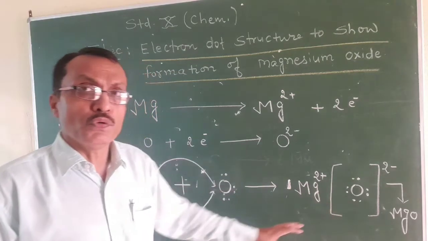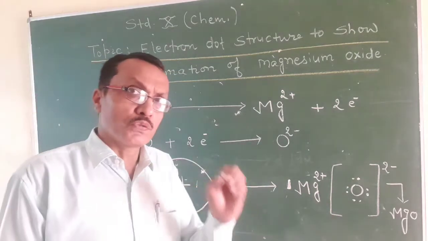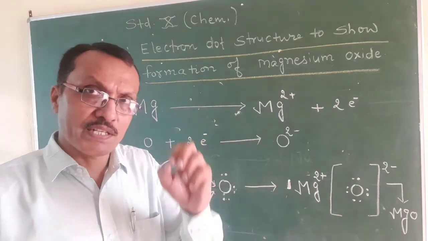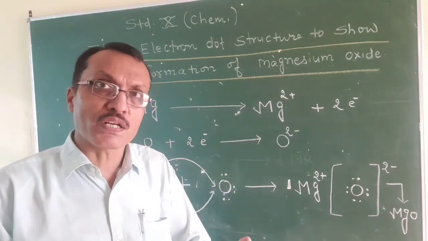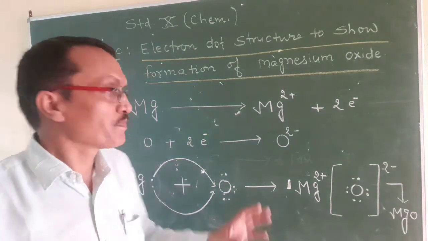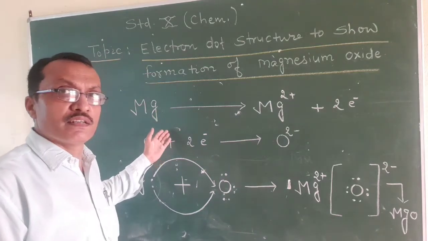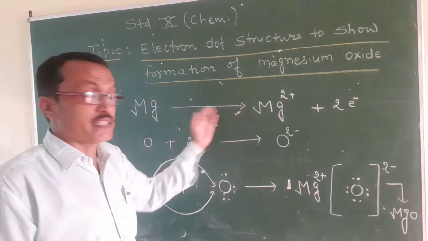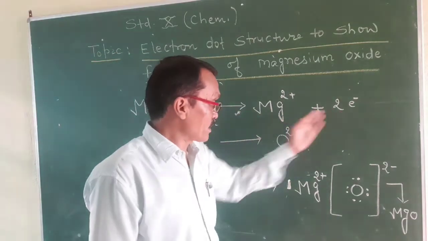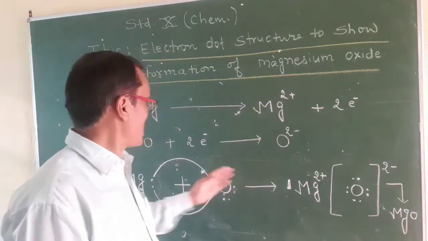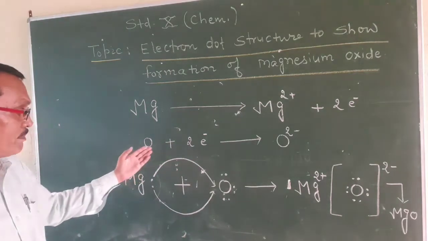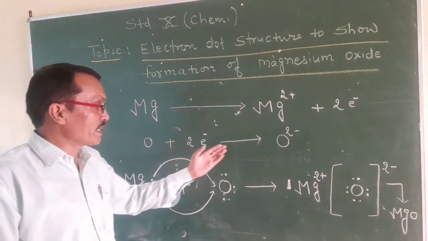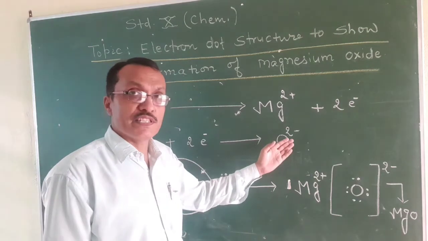So what you have to do to show the formation of any compound by the electron transfer method? First, the donor atom, as it is losing 2 electrons and forming a 2 plus ion, and the acceptor atom, as it is gaining 2 electrons and forming a negatively charged ion.